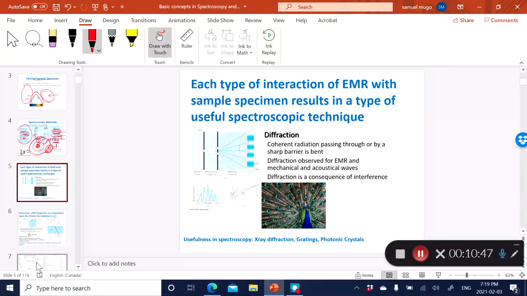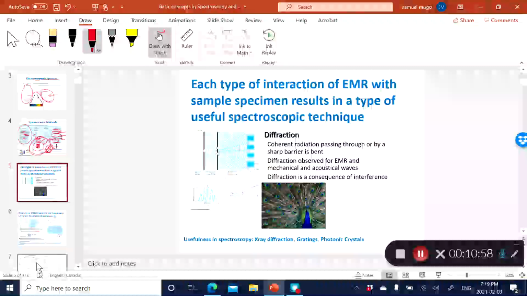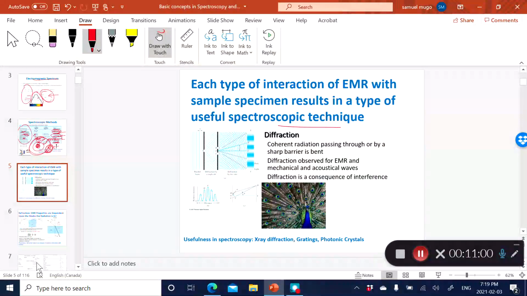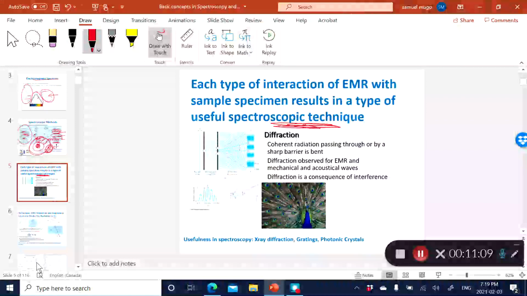Now, it's important for me to remind you of a couple of different behaviors of electromagnetic radiation, which is very important because it determines different types of spectroscopies in terms of the usefulness of that behavior.